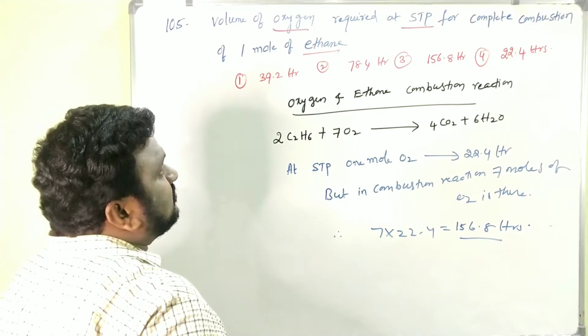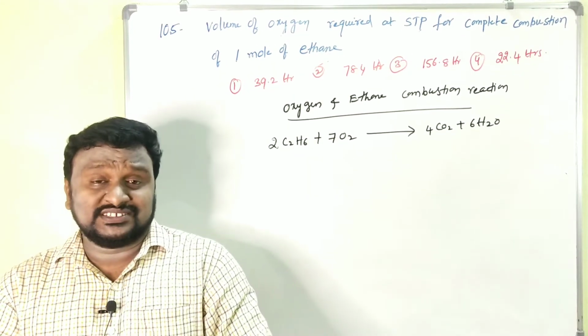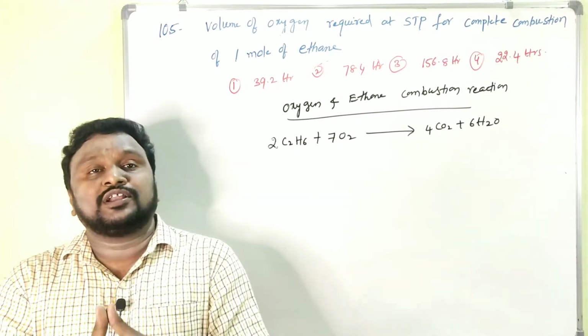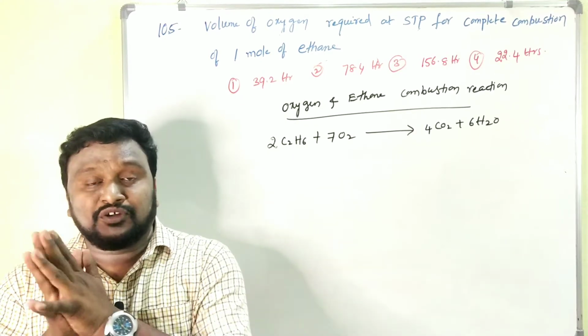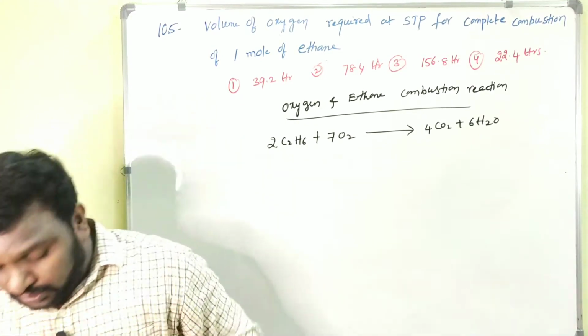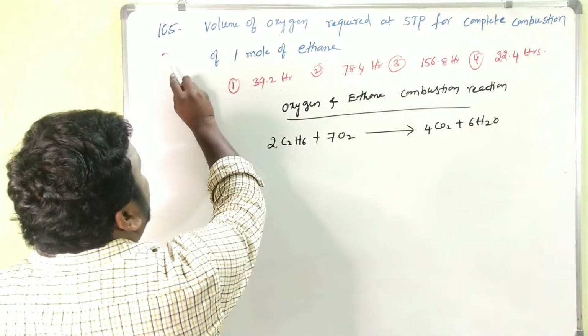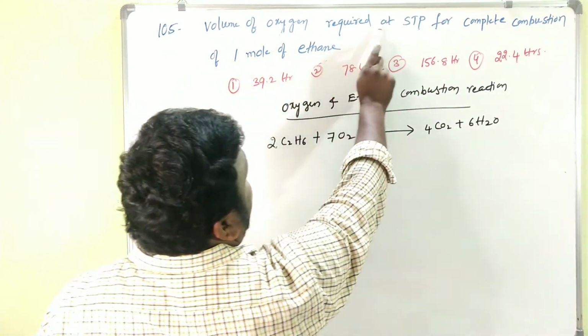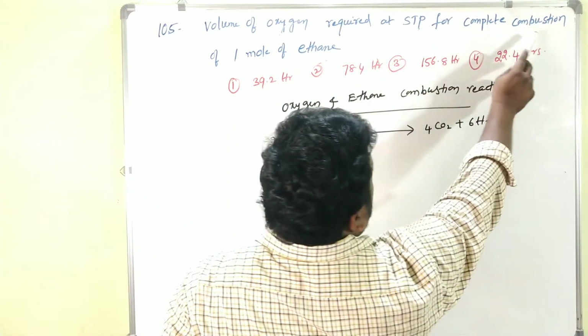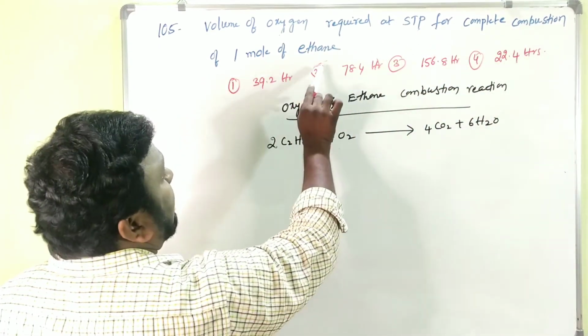So, are you ready? The most important problem is here. It is important for regular exams and also very important for competitive exams. See the question. Question number 105. Volume of oxygen required at STP for complete combustion of 1 mole of ethane.